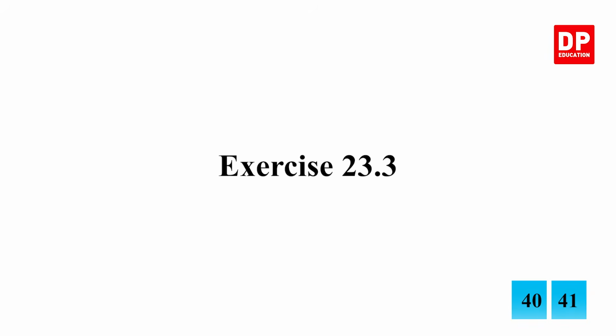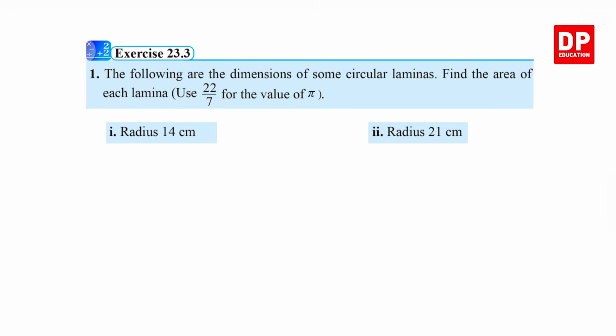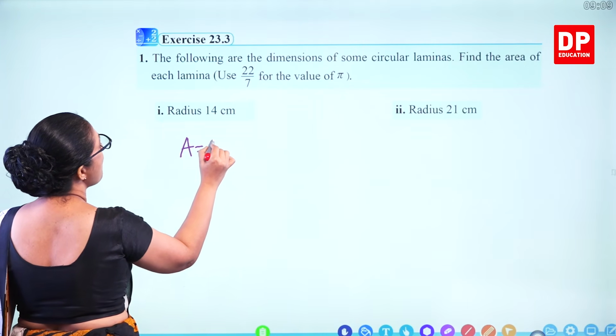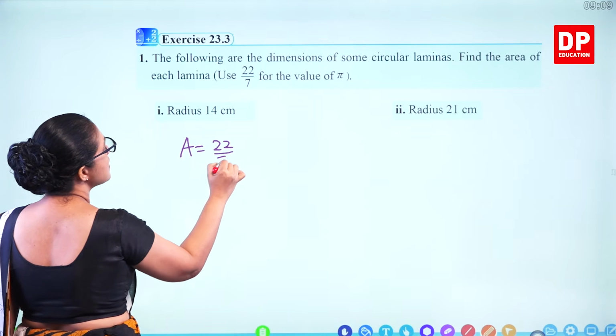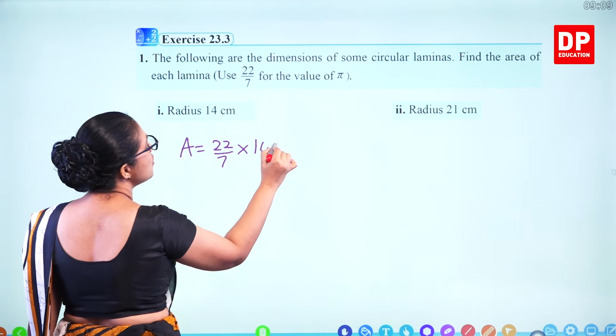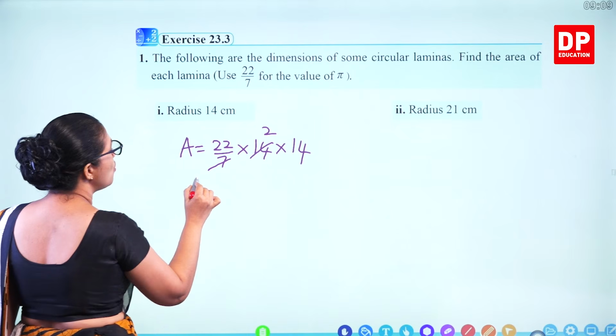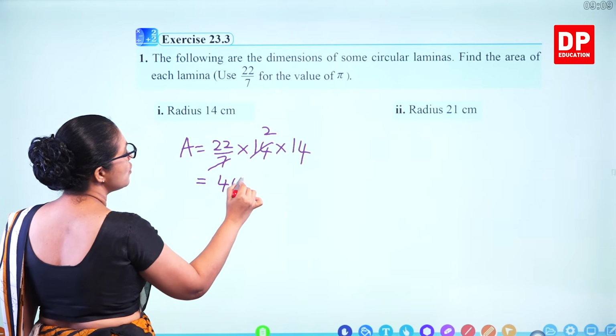Exercise 23.3. The following are the dimensions of some circular laminas. Find the area of each lamina. Use 22 over 7 for the value of pi. So radius is 14. So what's the area? Pi, that's 22 over 7, r into r. 14 into 14. 7 times 2, 44 into 14.